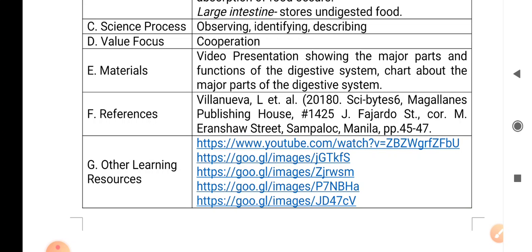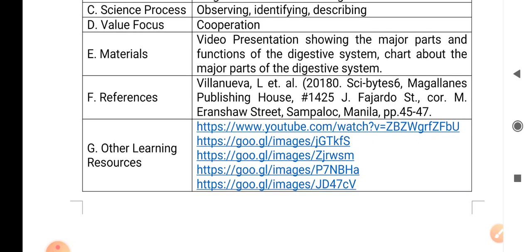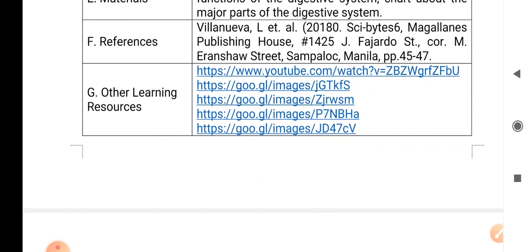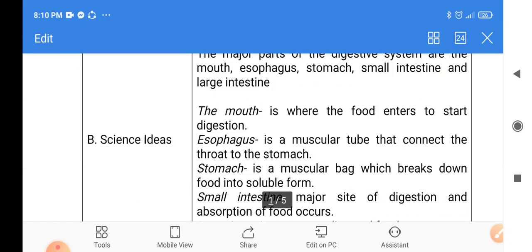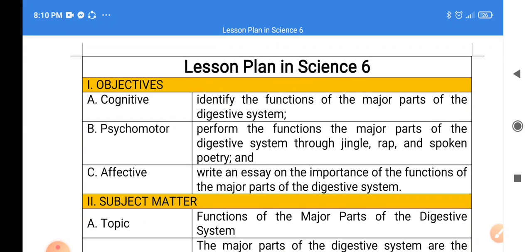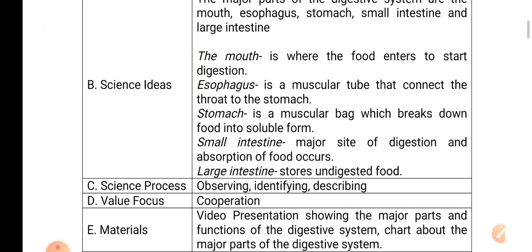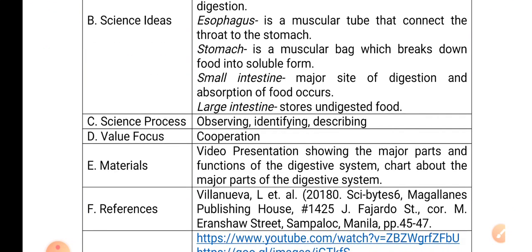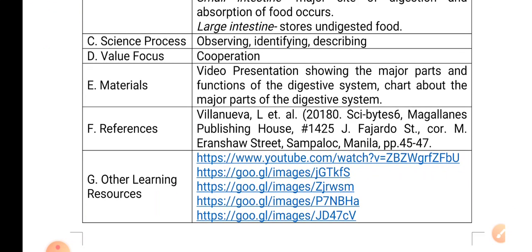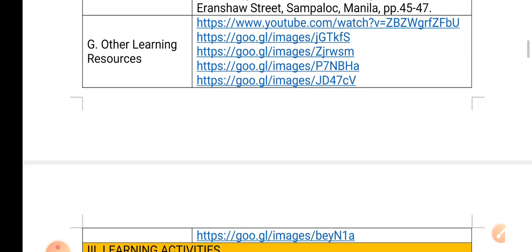And of course, the other learning resources, like for example, gumamit ka ng picture or video, please include their URL. So again, don't forget the objectives, the cognitive, psychomotor, and affective, the subject matter, topic, science ideas, science process, value focus, materials, references, other learning resources.